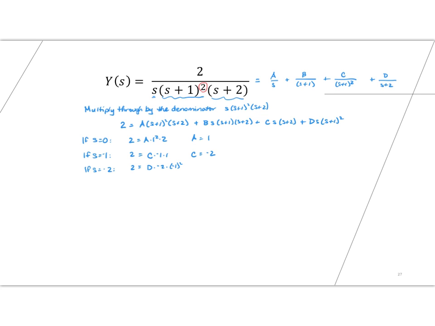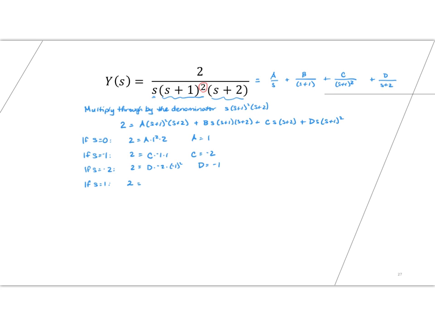So negative 2D equals 2, D therefore equals negative 1. Now that got me 3 of my answers, not the 4th. At this point I could plug those in and then use the original technique, or I could just make a random choice. I'll choose s equals 1. It's not a zero, but I don't have much left that I need to learn.